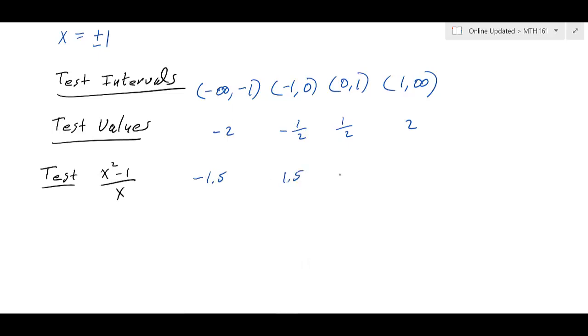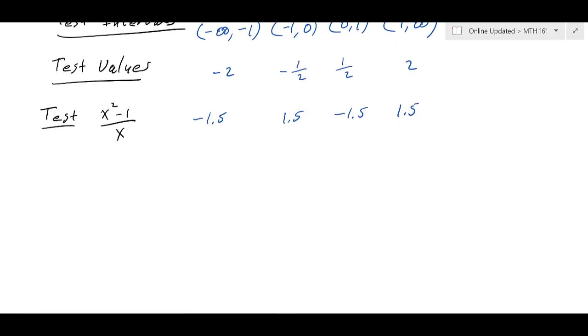Just like before, as far as the conclusion, what are we concerned with? Again, we're concerned with whether it is positive or negative. Here we have a negative, here we have a positive, negative, and positive.